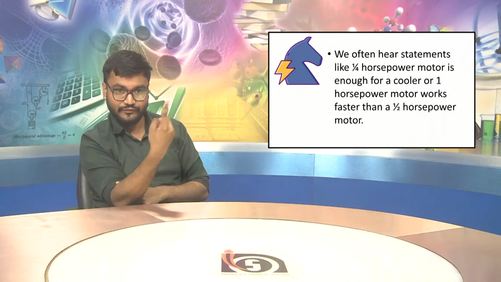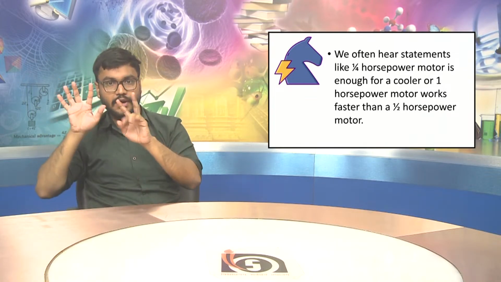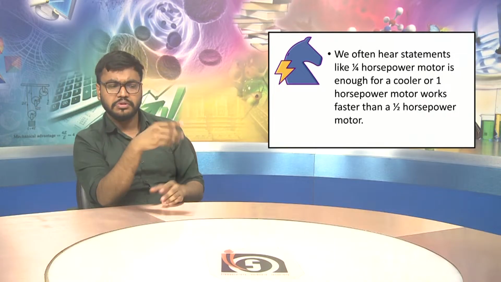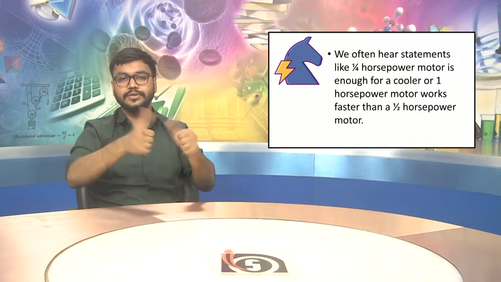And if we compare it to the 1 horsepower motor, a 1.5 horsepower motor works faster than a 1 horsepower motor.